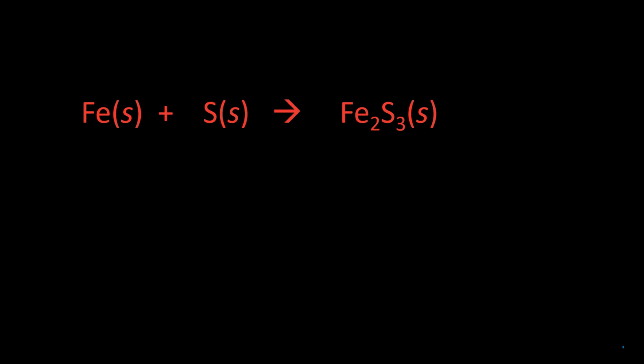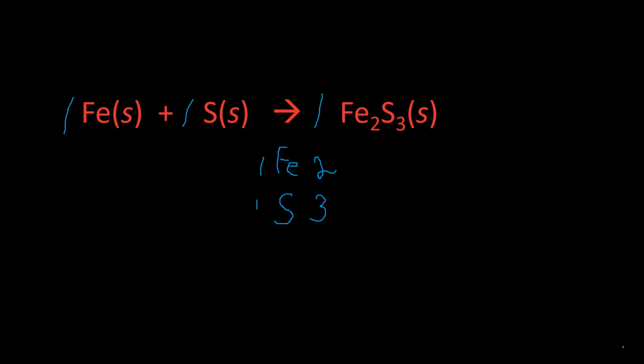So looking at this equation, we might put our elements here. We only have iron and sulfur involved, and they do have ones as coefficients to start with. When we total up, we only have one of each on this side. But over here we've got 2 irons and 3 sulfurs, right?